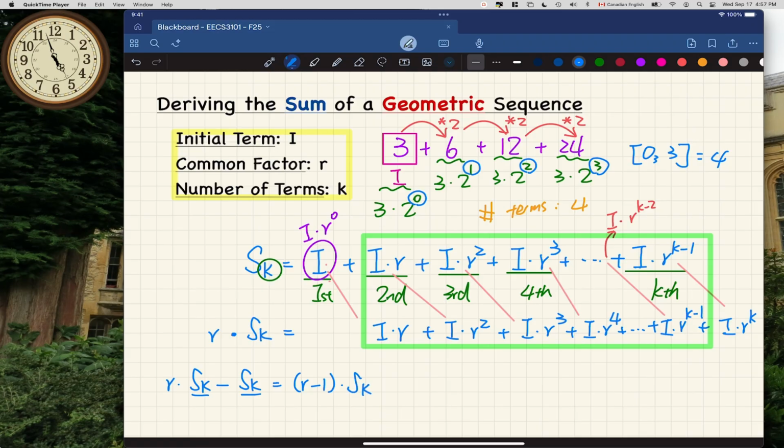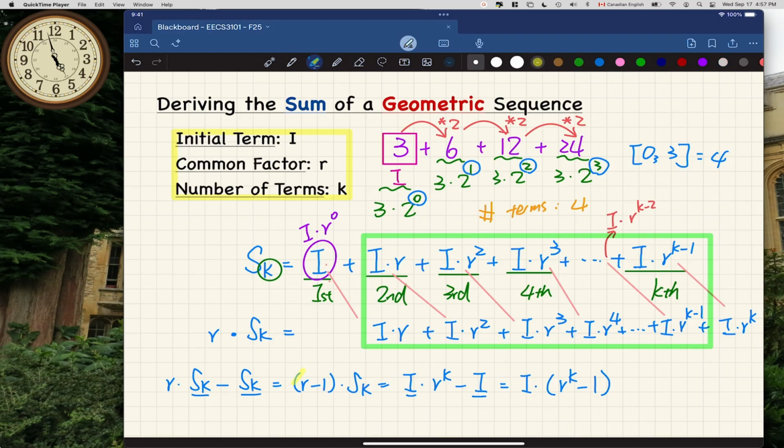Right? And what is that one? That means this part here is completely canceled out. So we got this one minus this one, which would be I times r to the k minus I. And factor out I here, which will be I times (r to the k minus 1). Okay? So what we got is this.